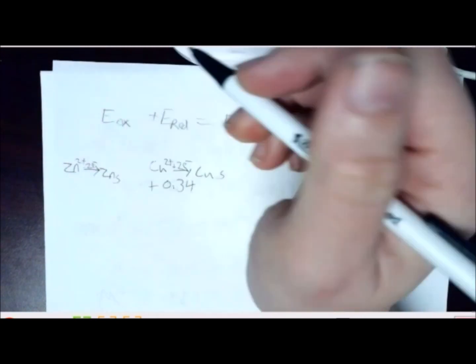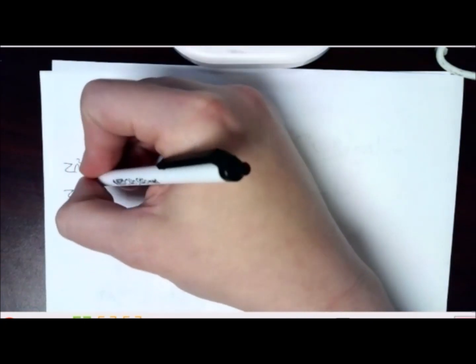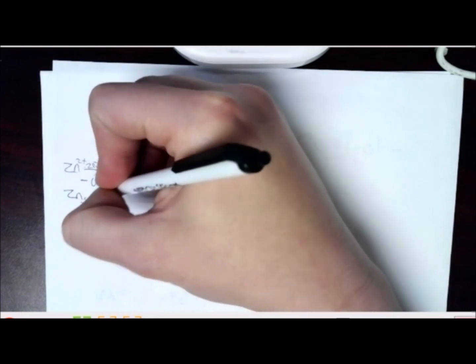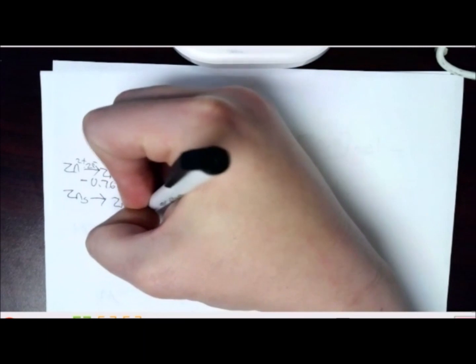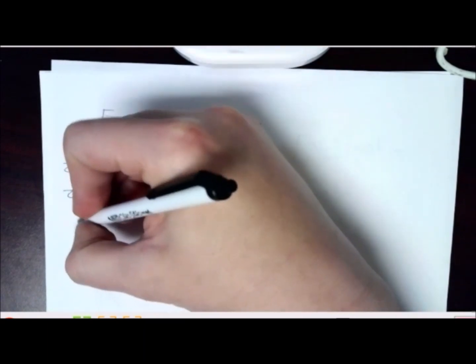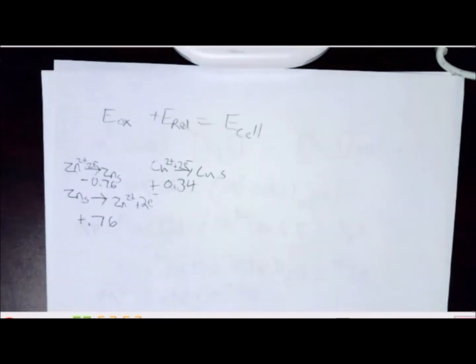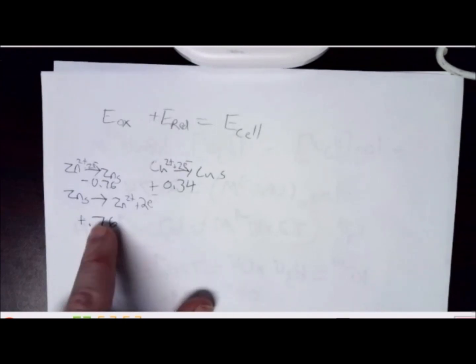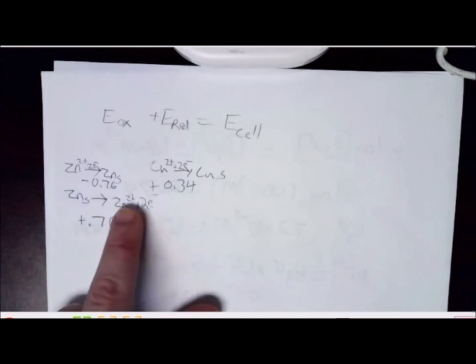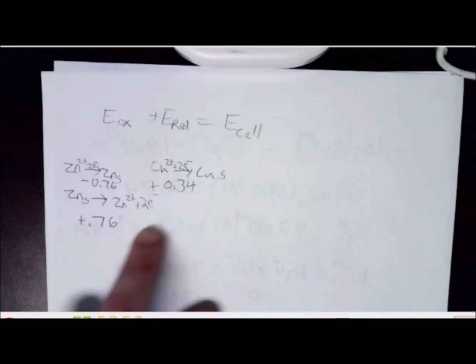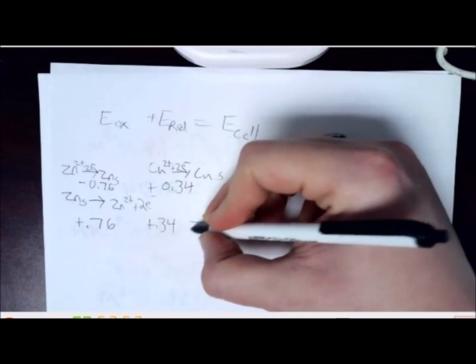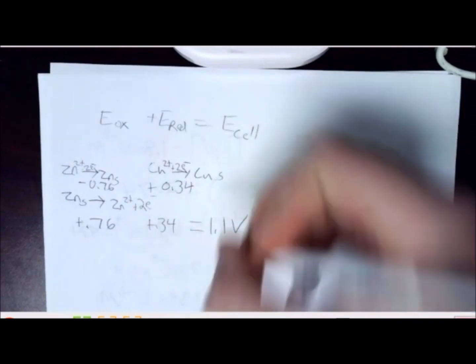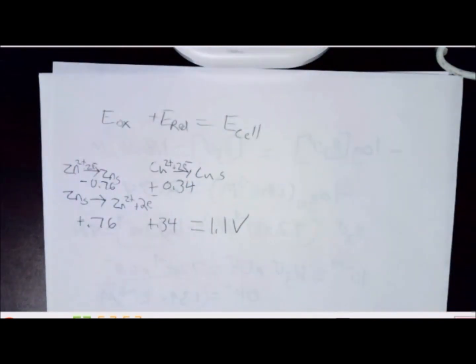However, in the actual one, we had zinc solid goes to zinc 2 plus, 2 electrons. And so that'd be positive 0.76. We flip the sign because we flip the direction of the reaction. So when I add 0.76 to 0.34, we get 1.1 volts.